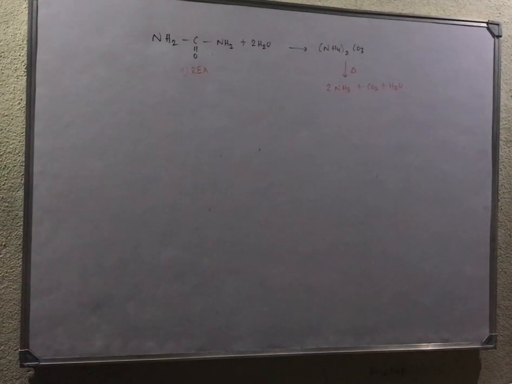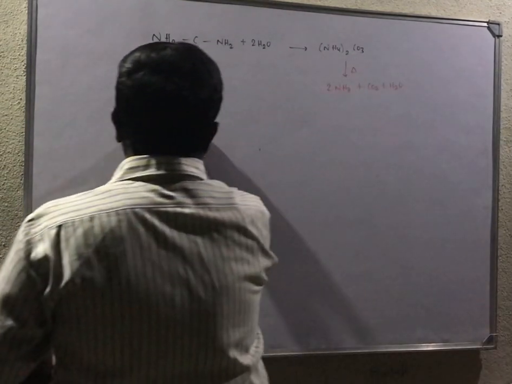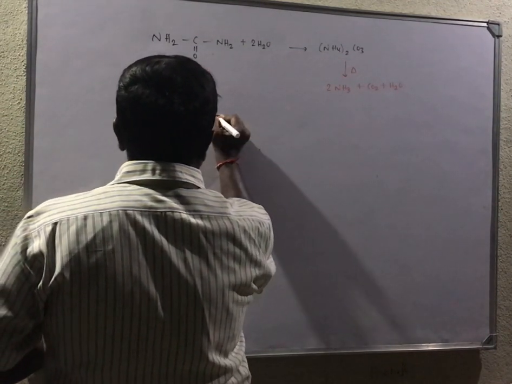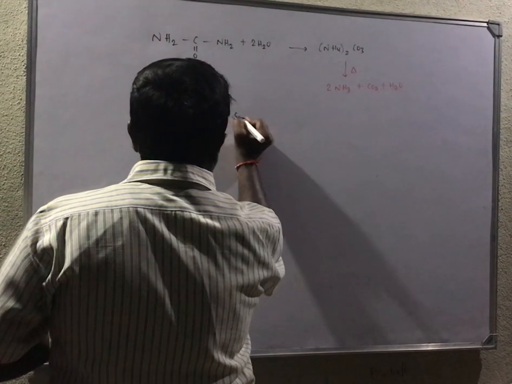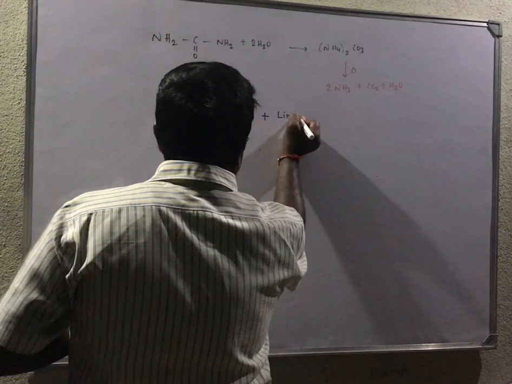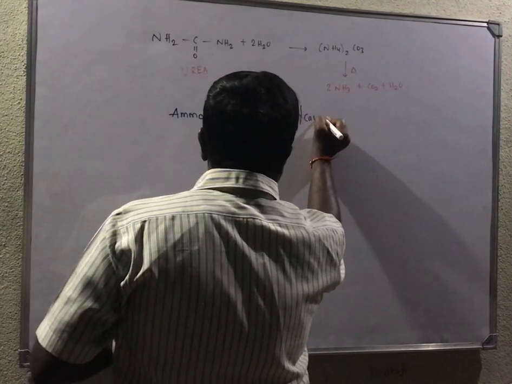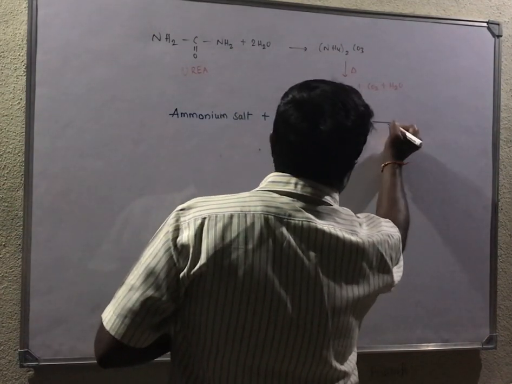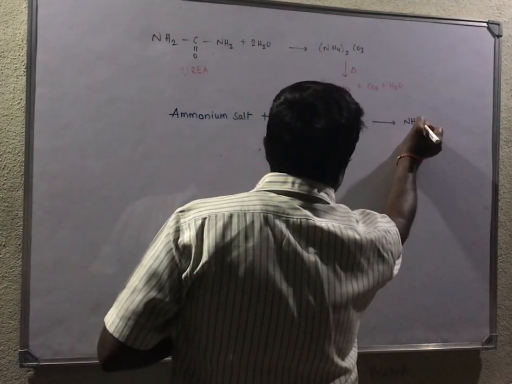Next, an ammonium salt treated with lime or caustic soda forms ammonia gas.